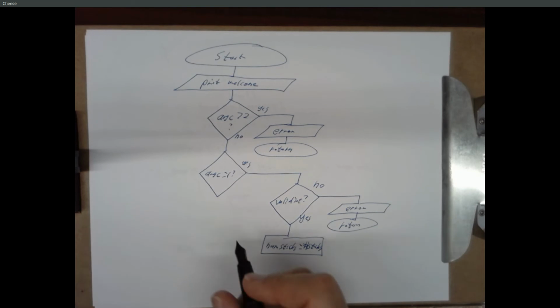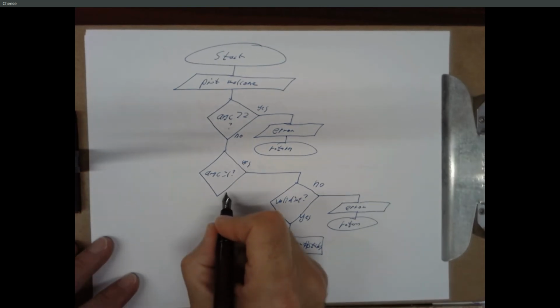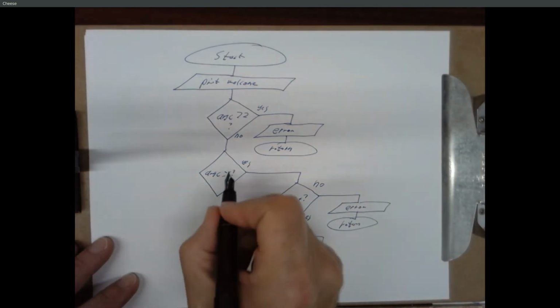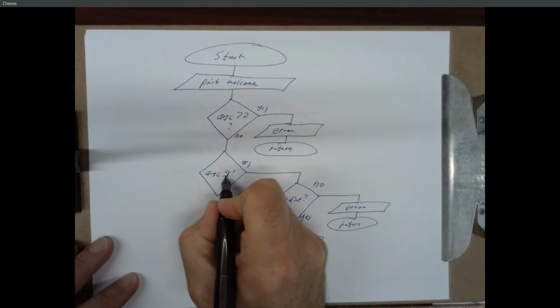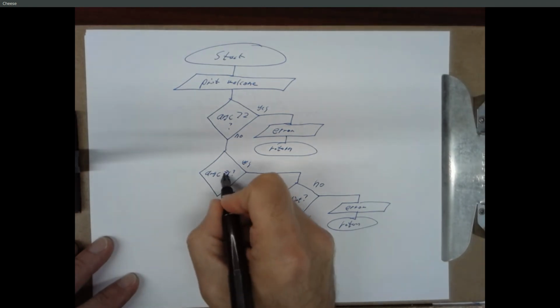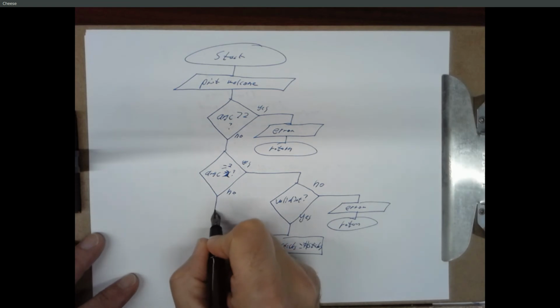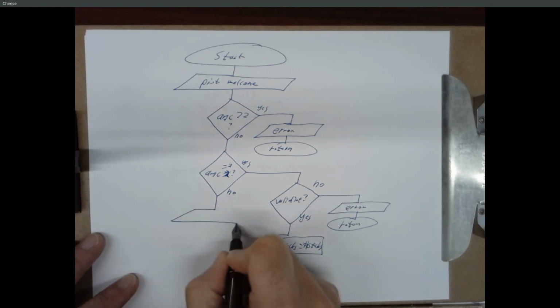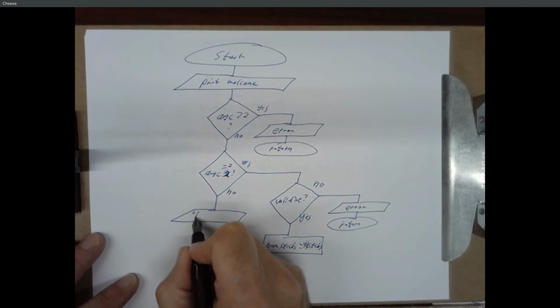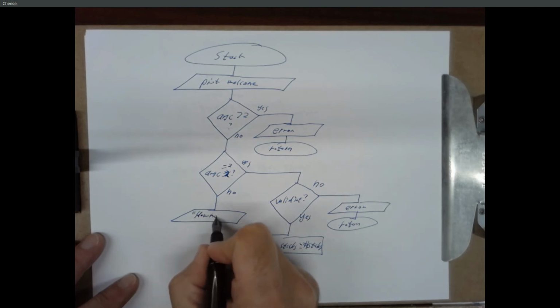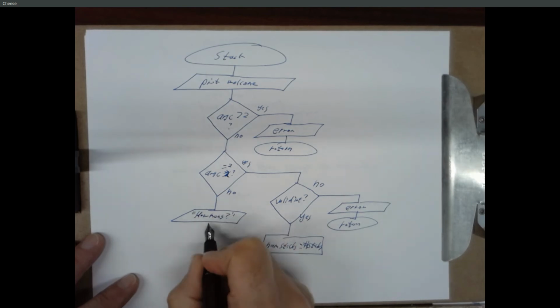Okay. If argc was not equal to, sorry, argc equal to 2. If argc is not equal to 2, then there was no command line argument given. So ask them how many sticks do you want to play with.